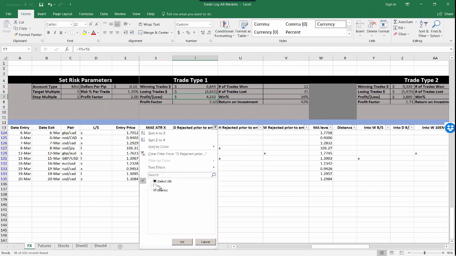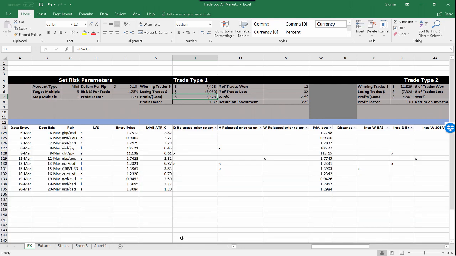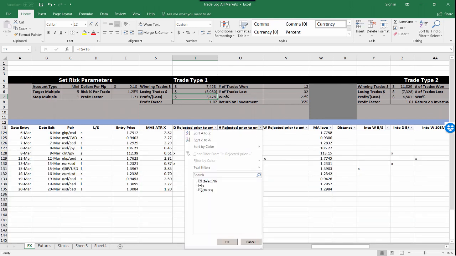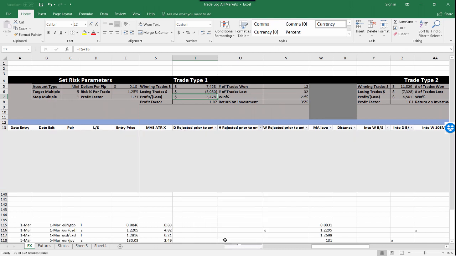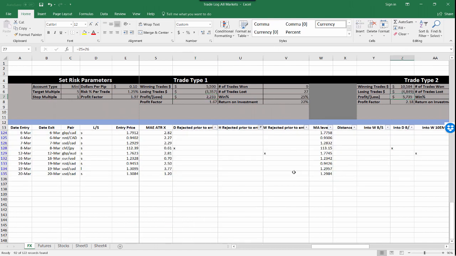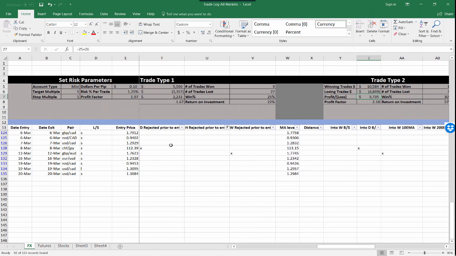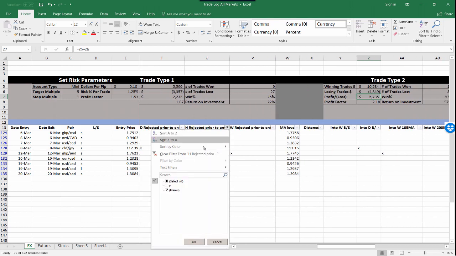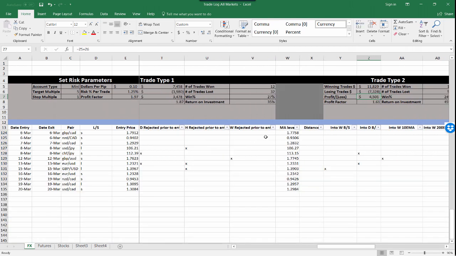So let's add back in the daily. And now let's get rid of hourly to look at trade type 2. And look at the difference that made, right? So it increased it by $1,200. So that's a big difference. So these right here are very important, and I want to continue paying attention to them.